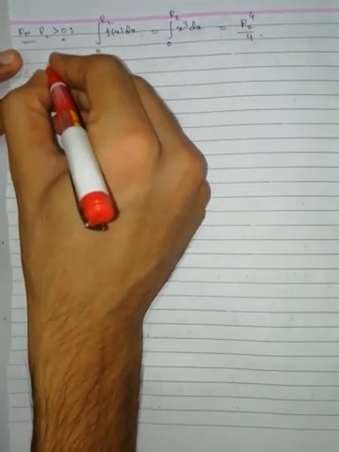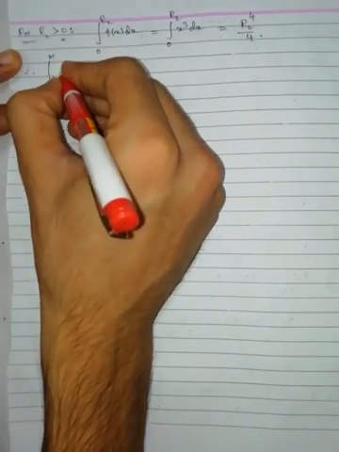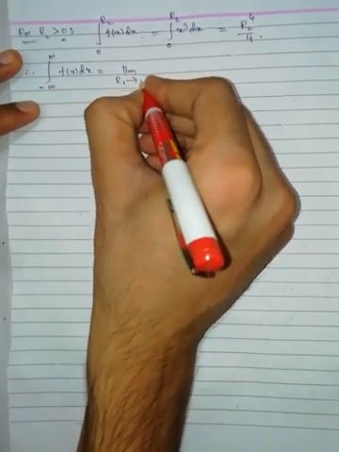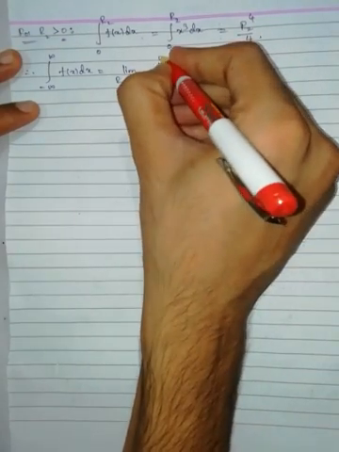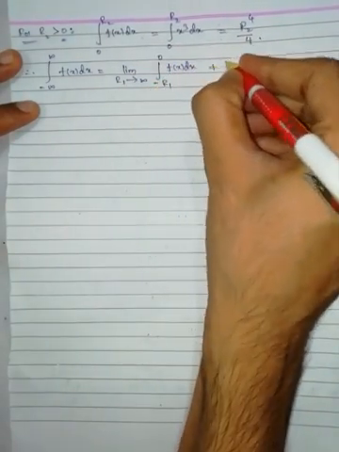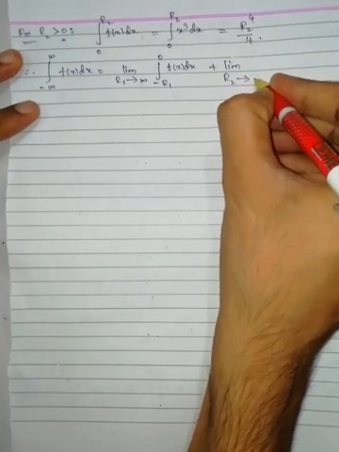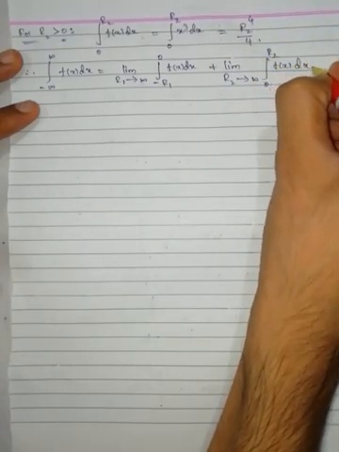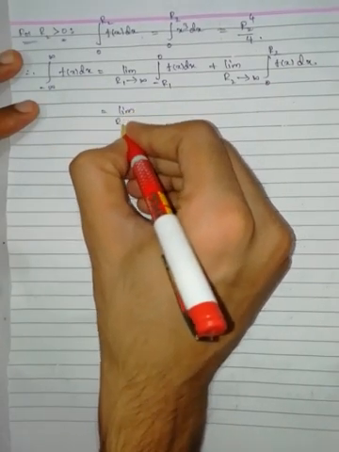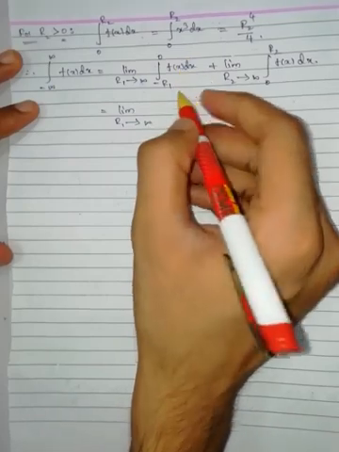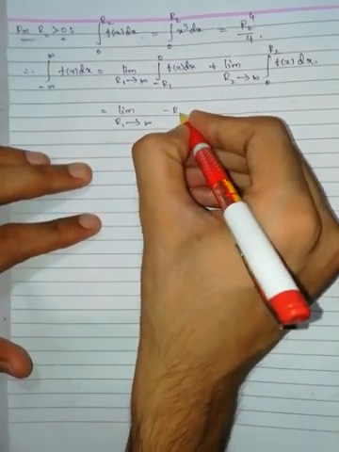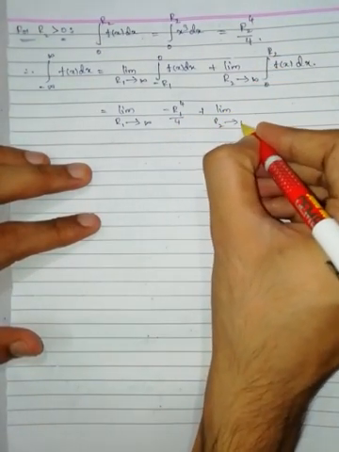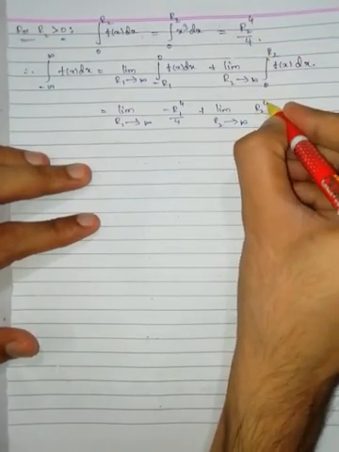Now, therefore, integration minus infinity to infinity f of x dx is equal to limit r1 tends to infinity integration minus r1 to 0 f of x dx plus limit r2 tends to infinity integration 0 to r2 f of x dx, which is equal to limit r1 tends to infinity of this value we got as minus r1 to the power of 4 by 4, plus limit r2 tends to infinity of this value we got as r2 to the power of 4 by 4.